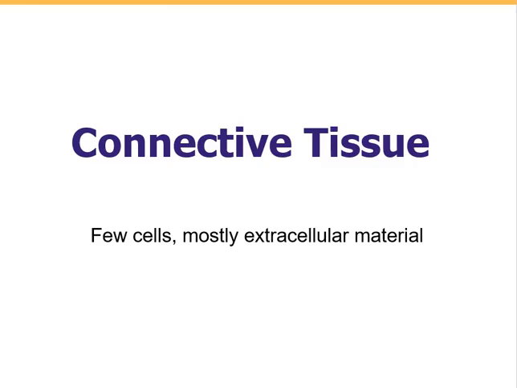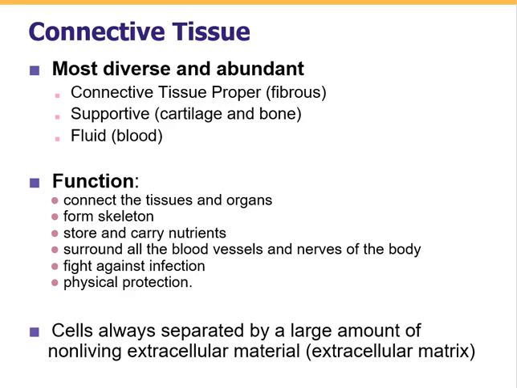Connective tissue is one of the four primary types of tissue in our body, which is composed of cells and the extracellular matrix. Connective tissue has few cells, but is mostly composed of extracellular matrix. The fun fact about connective tissue is that it is the most diverse and abundant tissue in our body.